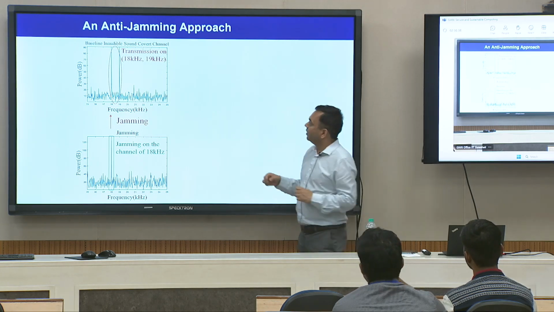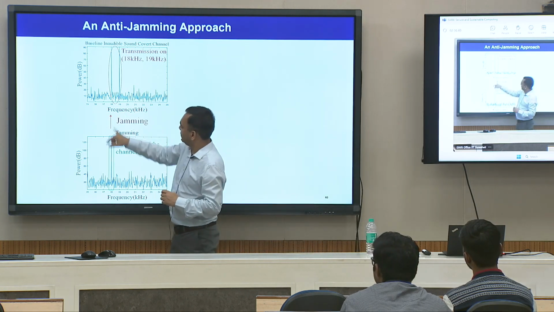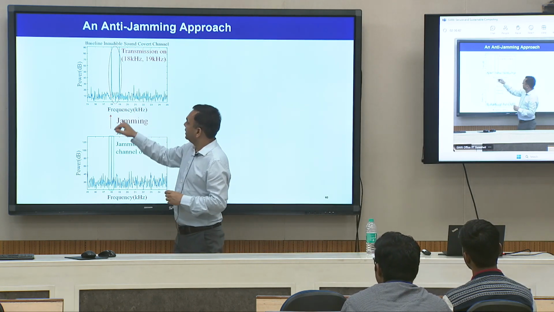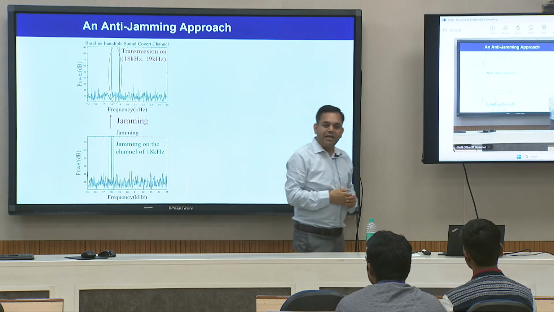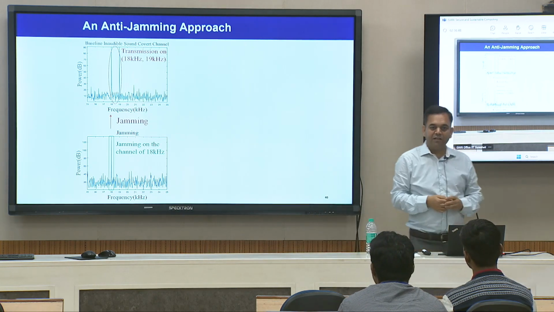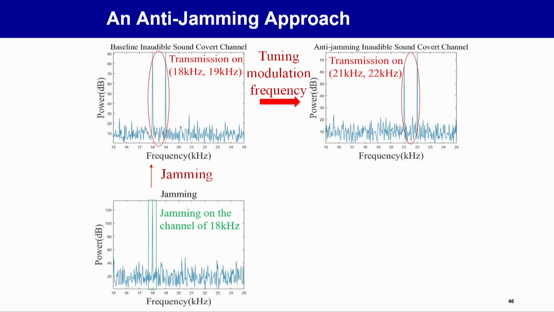If the signal is being jammed here, after some time it can change the frequency at which the information is transmitted. So it can be modulating the frequency. In place of transmitting at 18 kilohertz, you can transmit at 21 or 22 kilohertz. Then it cannot be jammed or detected.